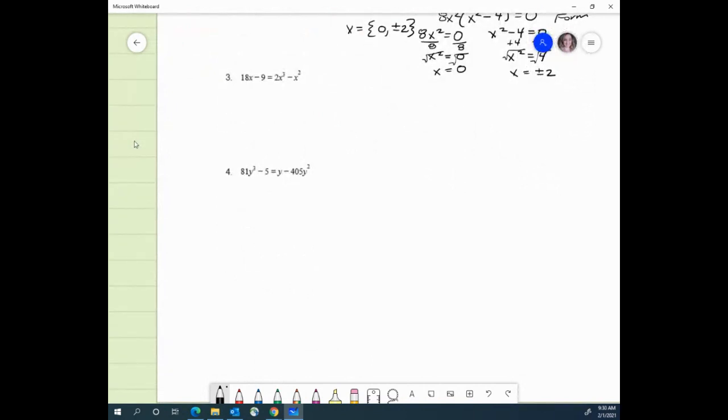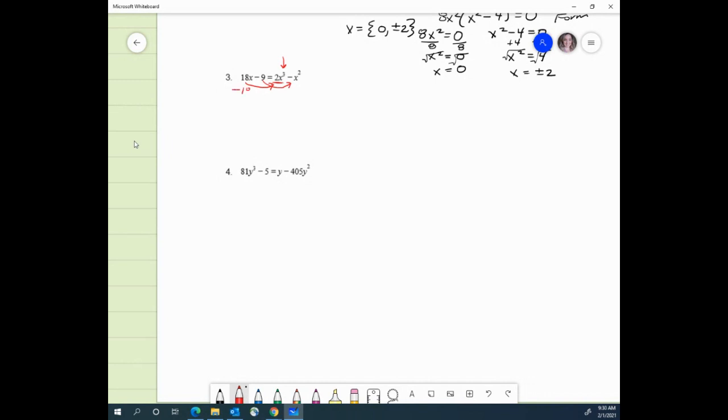All right, number 3. I've got 4 terms again. So I'm going to factor by grouping. The first thing I need to do is get everything on the same side. Now, this is my leading coefficient because it's got the biggest exponent. So I want to try and keep that one positive. And so I'm going to move everything over to this side.